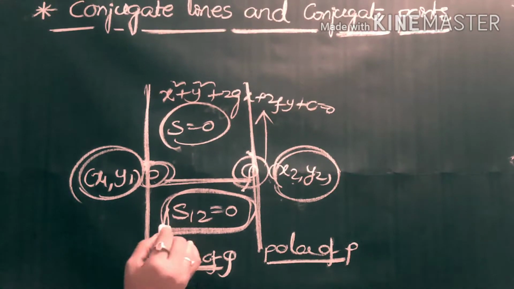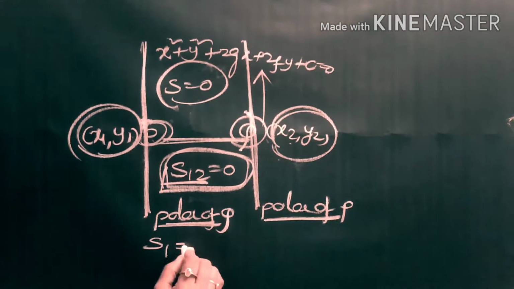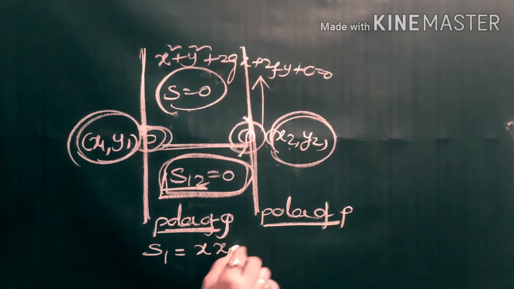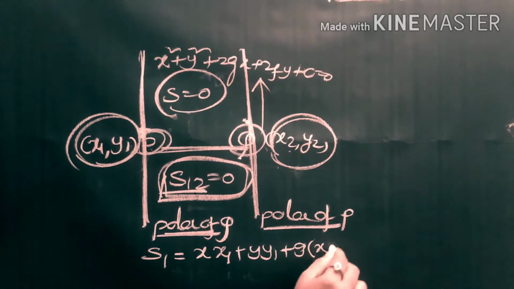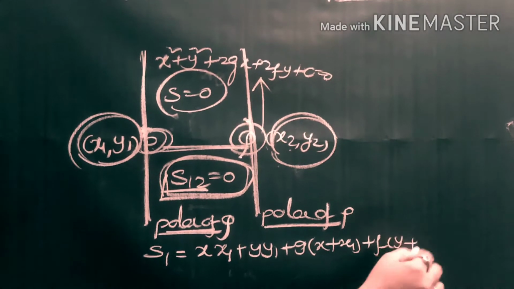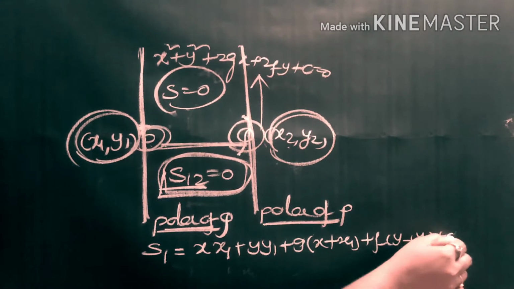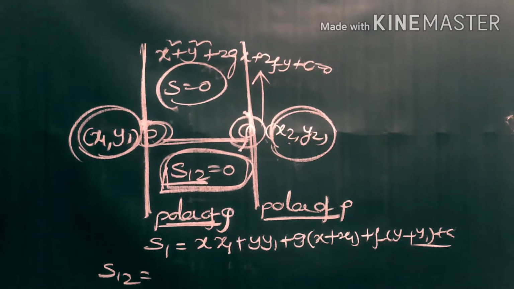Now we are taking the S12 notation here. So first, what is S1 notation? S1 is equal to x x1 plus y y1 plus g into x plus x1 plus f into y plus y1 plus c. This is S1 notation. Now we are taking S12 notation.